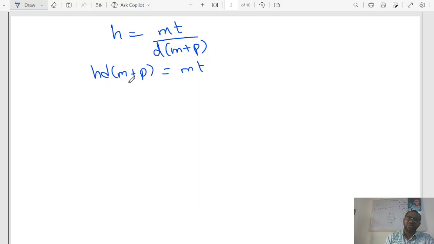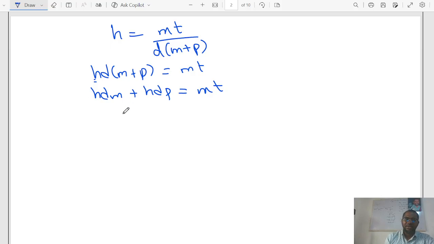Now the next thing is to expand the bracket. Hd times m gives us hdm plus hd times p gives us hdp equal to mt, right? And since we are making m the subject of formula, we have to bring it to one side of the equation.